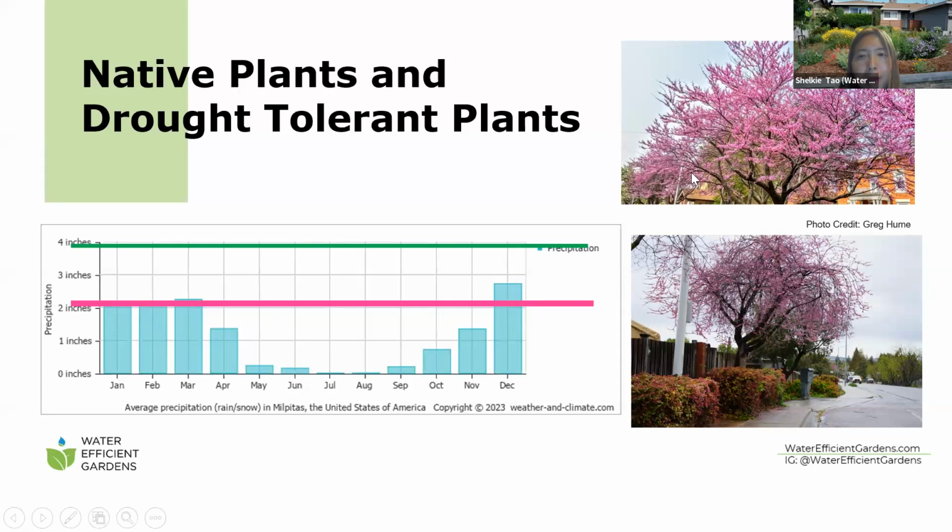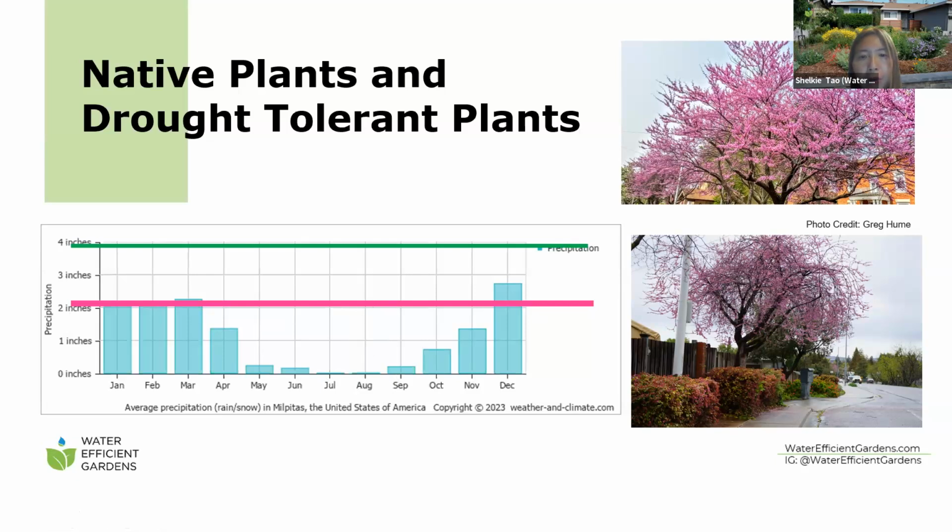But the drought-tolerant plants that are non-native, as you can see, even though they require less water than a lawn, for example only half as much, 2 inches per month, they still need that much water because they do not come from our local environment. So during the summertime, when there is no rain, we still need to give them irrigation water to fill this gap.